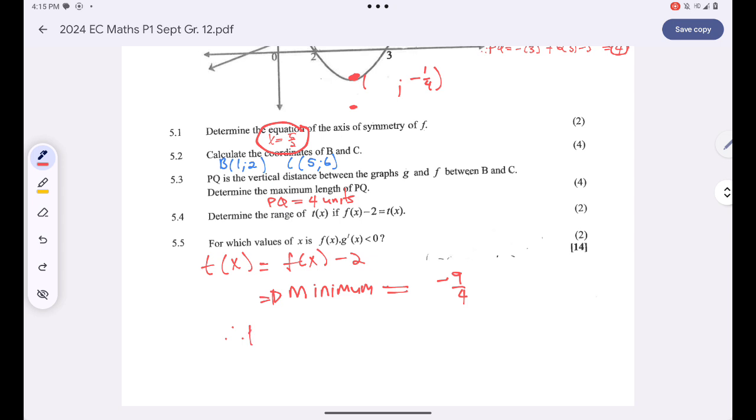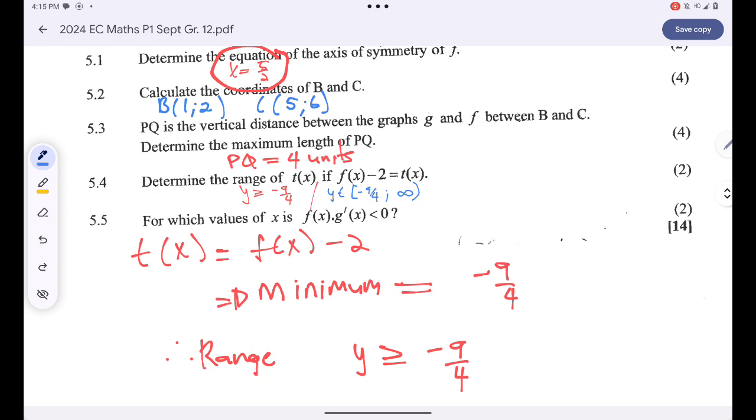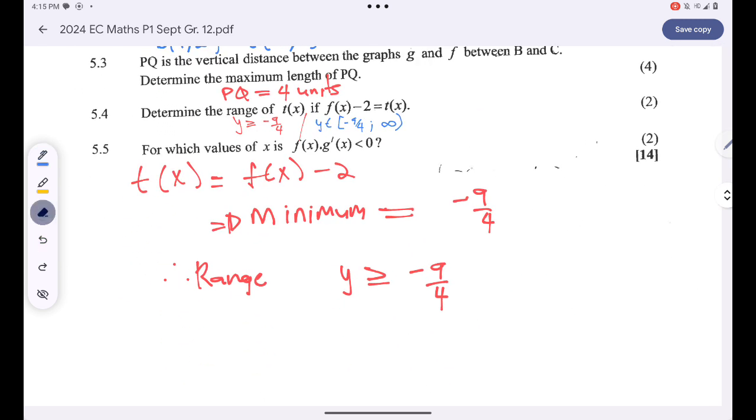So therefore, the range for the graph of t of x is y is greater than or equal to negative 9 over 4. Or you can write this in interval notation: y is an element of negative 9 over 4 up until positive infinity. That's how, guys, we're supposed to tackle 5.4.